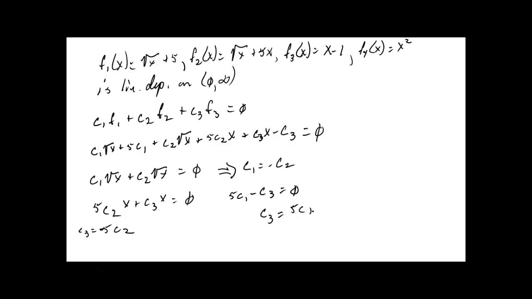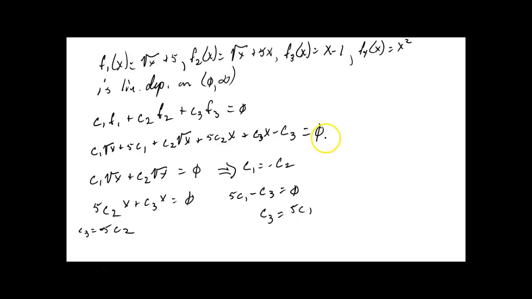Now, as long as you pick these things judiciously, I think we'll be fine. Let's just pick a value for C2. Pick one, anyone. Yeah, just any value. 7? Is that what you said?